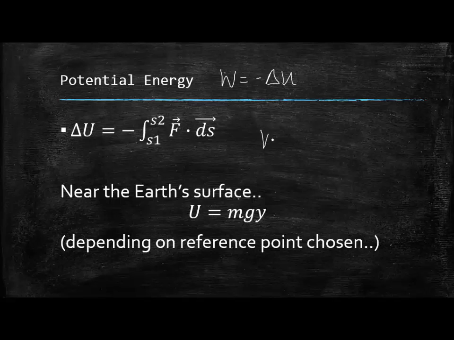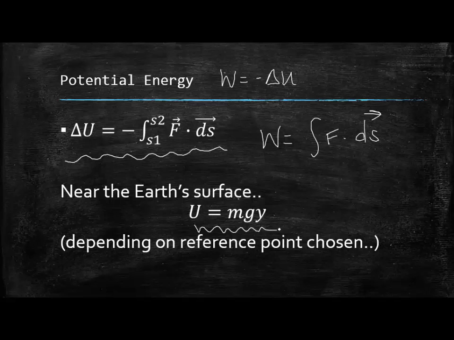So remember from before that we said work is the integral of the dot product of the force function with respect to the displacement. So we can consequently say that the change in potential is equal to the negative integral of this function here.